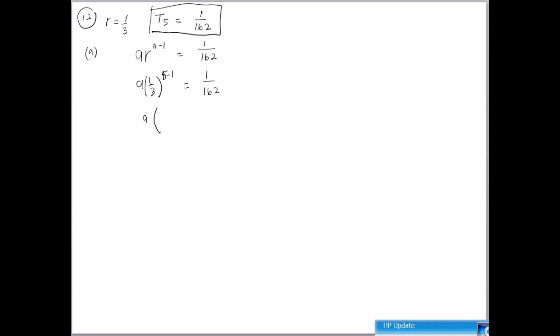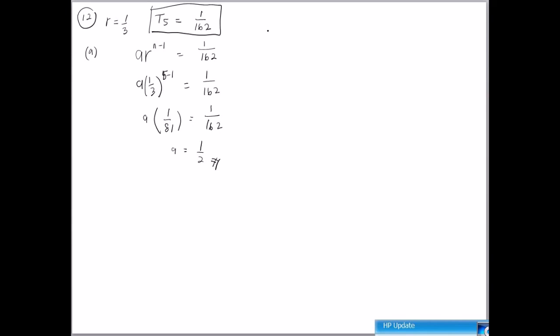Okay, use calculator. Calculate 1 over 3 power 4. We get 1 over 81 equal 1 over 162. So to find A, 1 over 162 divide by 1 over 81, and A is equal to 1 over 2.